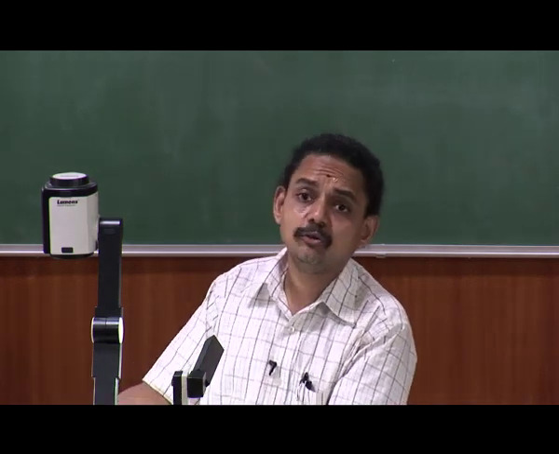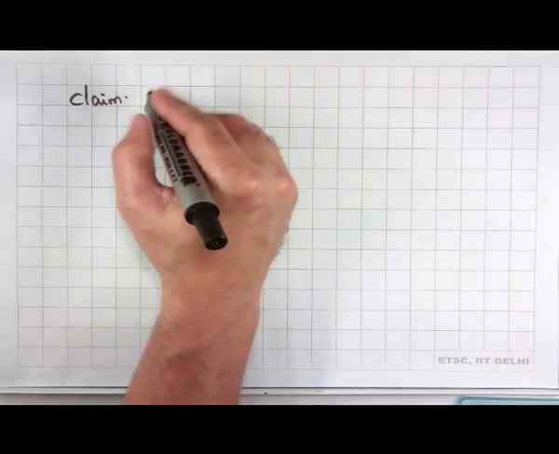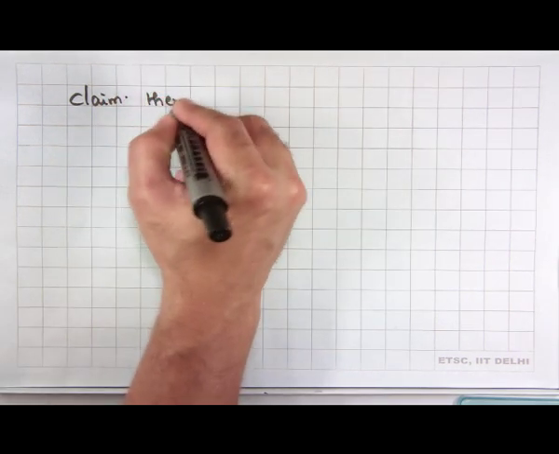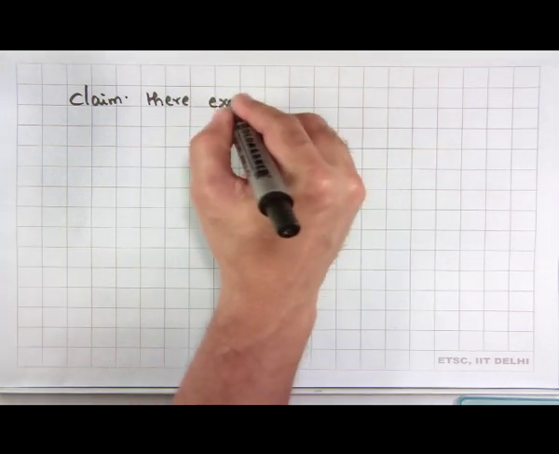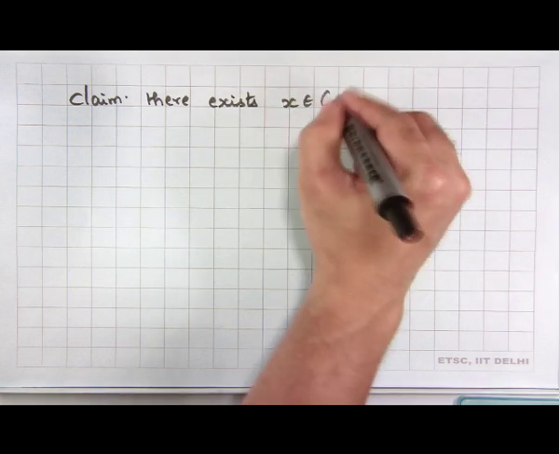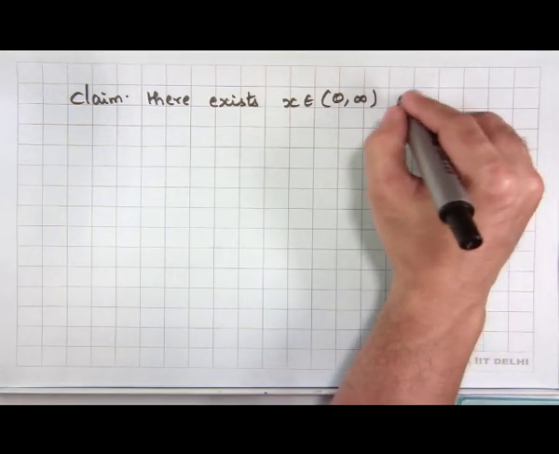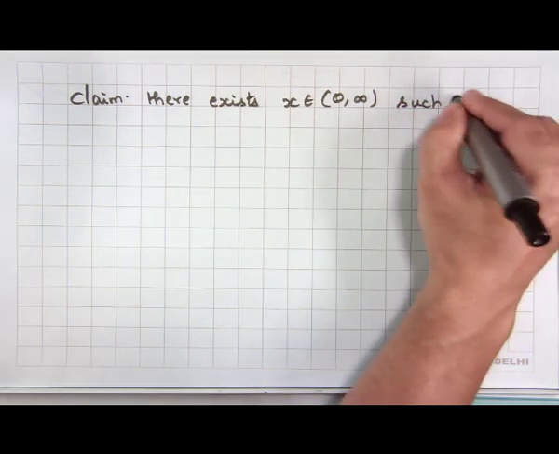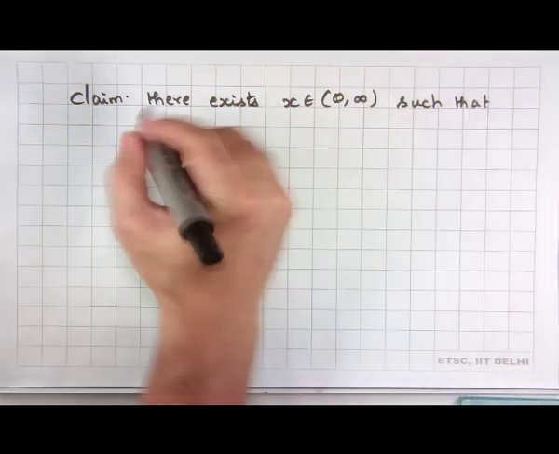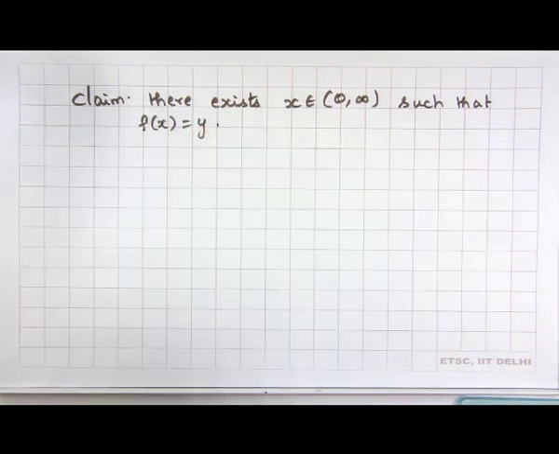So, once we have chosen this, our claim is that there exists x in the open interval 0 to infinity, this infinite interval, such that f x equal to y.